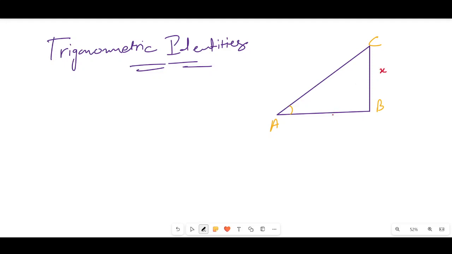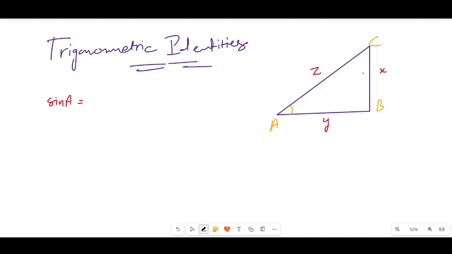Suppose this is x, this is y, this is z. Now, what is the value of sine A? Sine A is p by h, perpendicular by hypotenuse. Cos A, this by this. Tan A, this by this. Clear? That is the way.